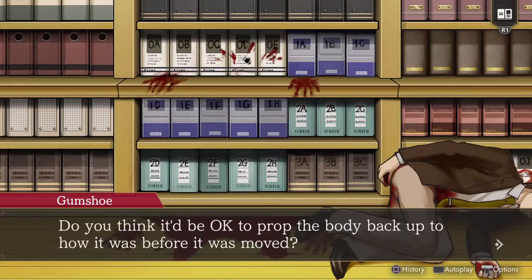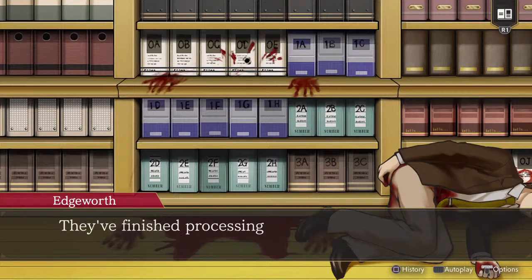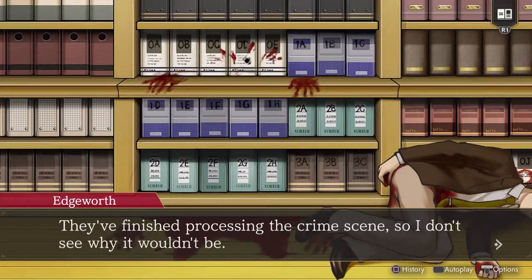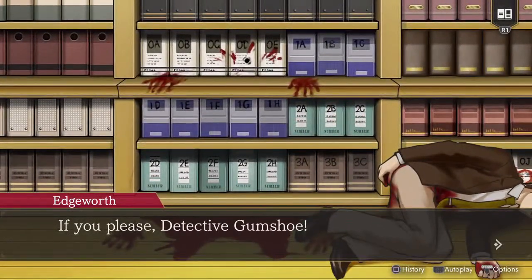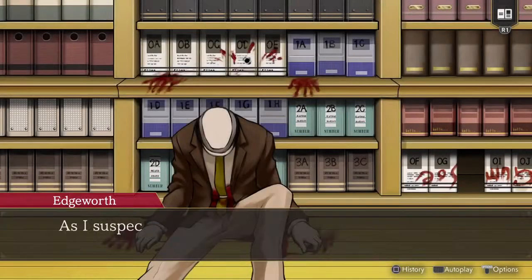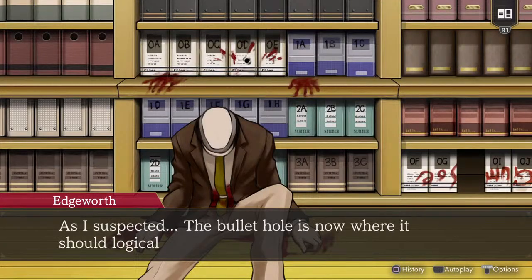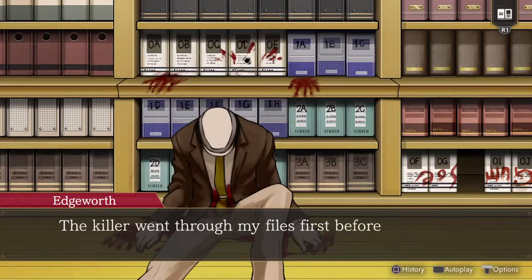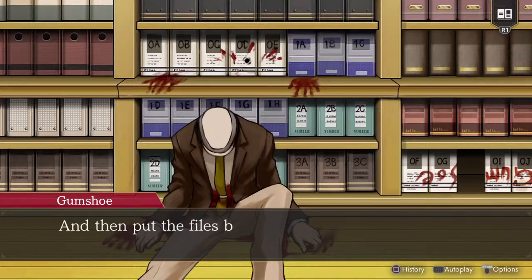Do you think we're okay to prop the body back up as the boys move? They finished processing the crime scene, but I don't see why they won't be. You please, Detective Gumshoe. I suspected the bullet hole now where it logically should be. Taylor went through my files first before shooting Mr. Faith, and then put the files back in numerical order, I guess.